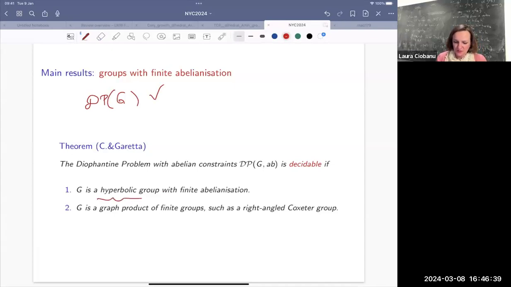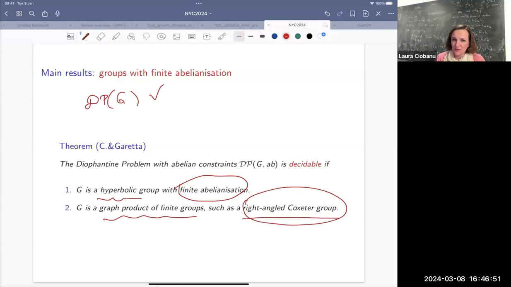That would be, well, a graph product of finite groups, such as a right-angled Coxeter group. Of course, the right-angled Coxeter group also has a finite abelianization. And in these cases, strangely enough, solving question number 3 is decidable.